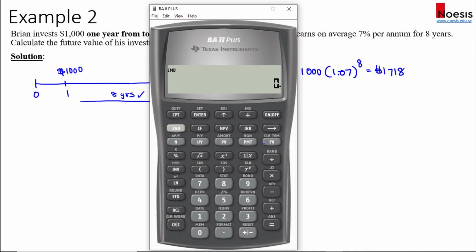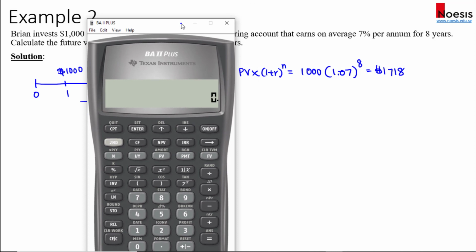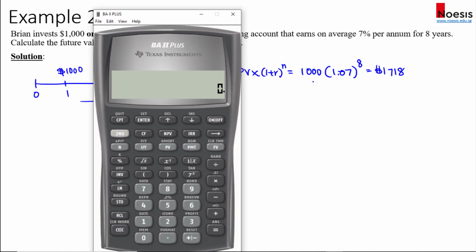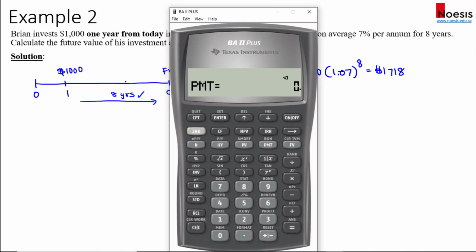So remember, press second FV to clear the calculator, time value of money inputs, and then we'll key in. So your PV will be 1000, okay, and then your N is 8 years, not 9 years, and IY is 7%, and then PMT is 0, as there is no interim cash flows between 1 to 9 years, and then we'll compute FV. So that's $1,718.